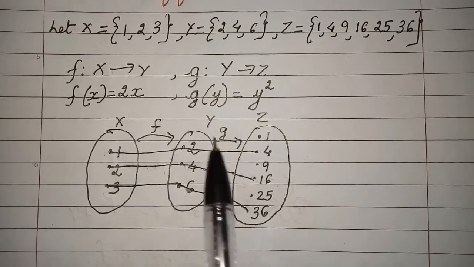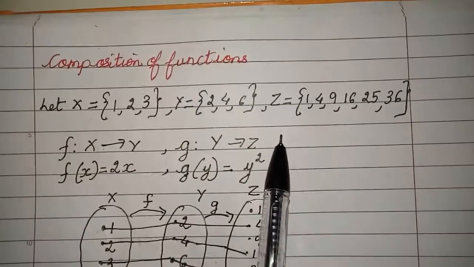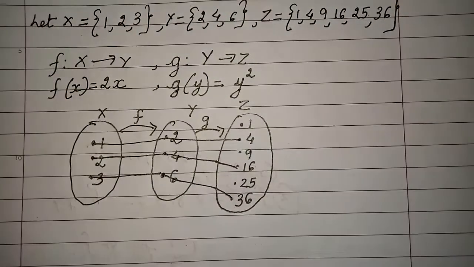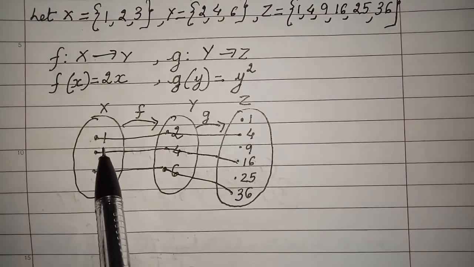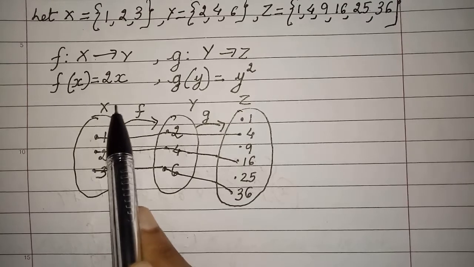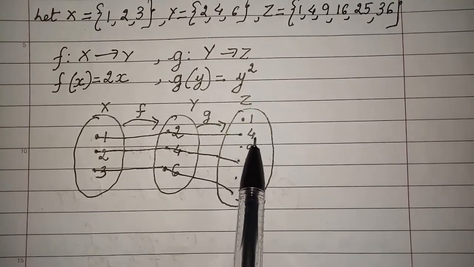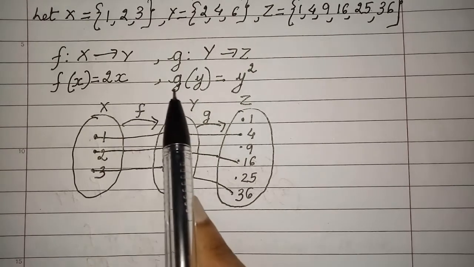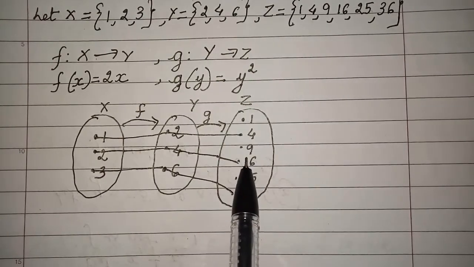So this way of representation is nothing but your composition of functions. In other words, children, 1 belonging to x is assigned to 4 belonging to z. Element 2 belonging to x is assigned to the number 16 belonging to z.